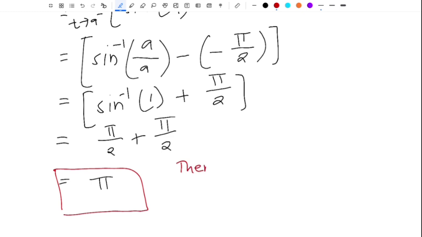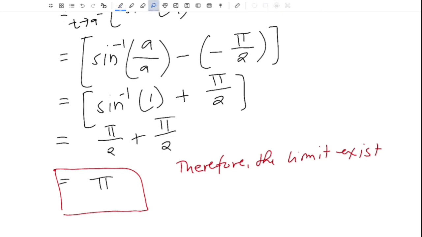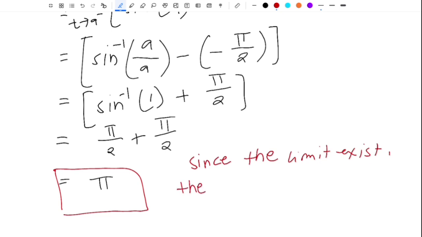Therefore, the limit exists. Since the limit exists, it is convergent.